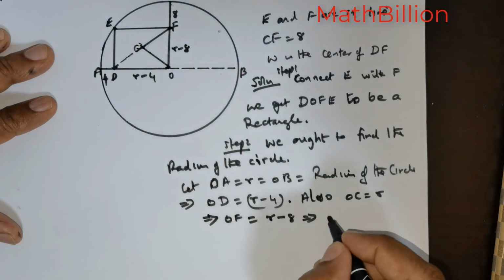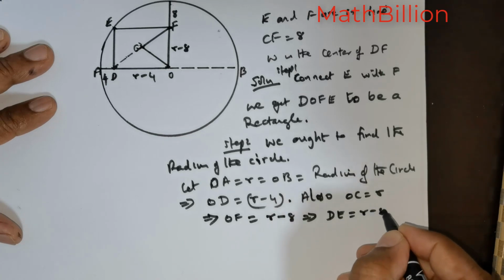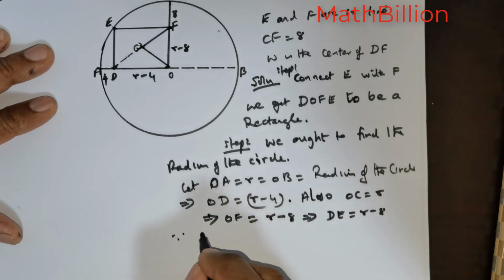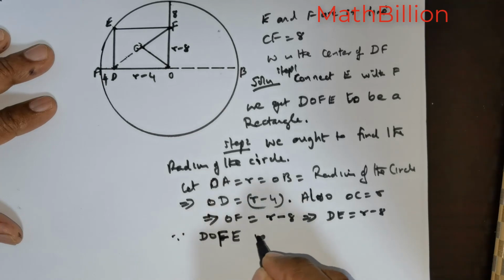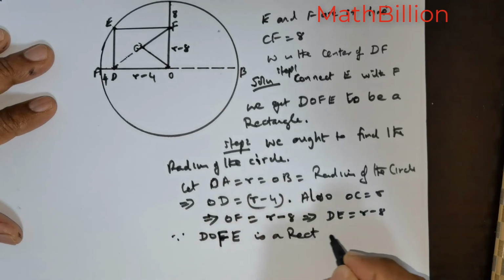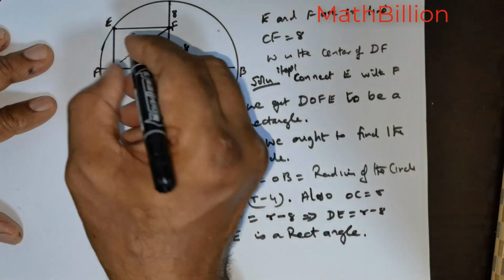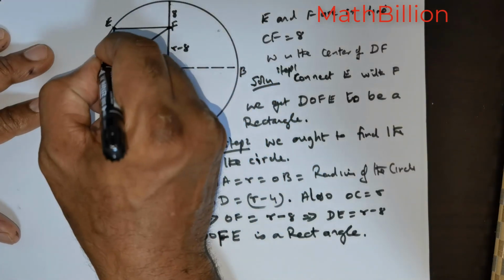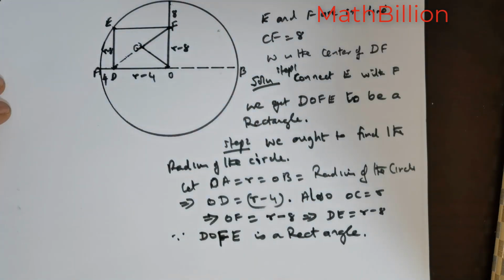So this means my DE will also be equal to R negative 8, since DOFE is a rectangle, right? So this distance, what is this distance? This distance will be R negative 8. Okay.